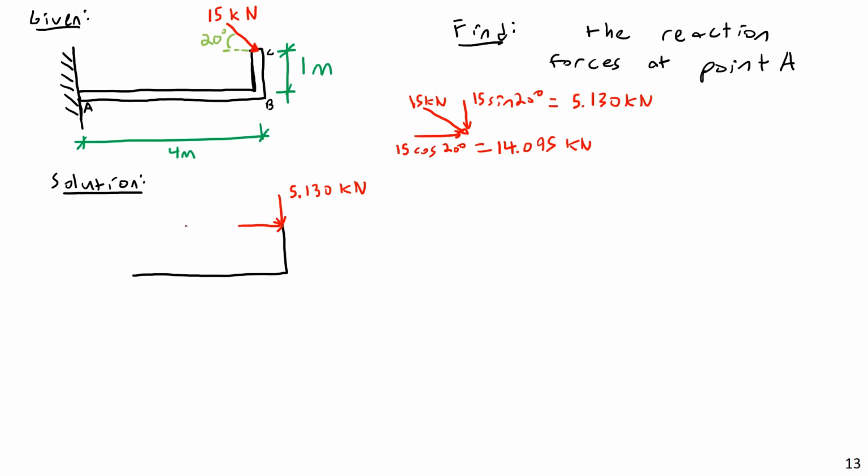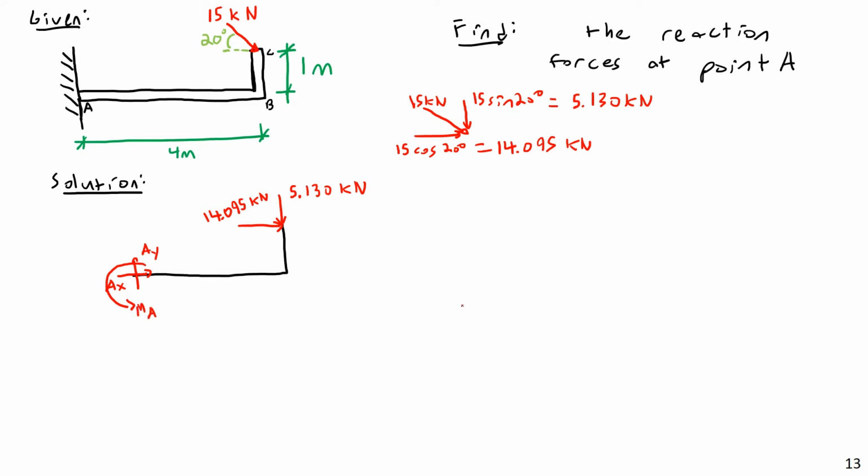And then in the x, I'll have 14.095 kilonewtons. Then the reaction forces, I'll have the horizontal restraining force, AX. I'll have a vertical restraining force, AY. And I will have some moment at A, MA.